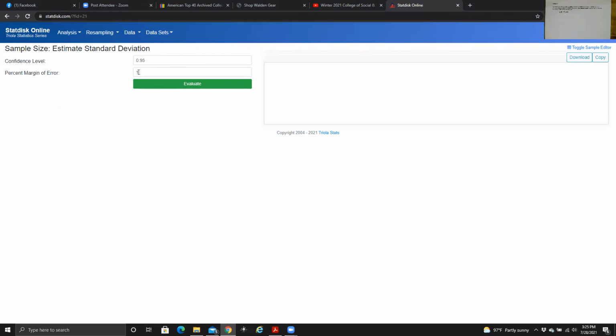Here, they just want you to enter the whole number, not the percent as a decimal. So here we enter the number 1 as 1%. Then click on evaluate. Okay. So the required sample size to estimate the standard deviation would be 19,205, which is what was determined from that table that I showed you.